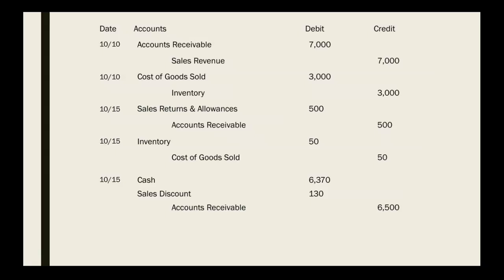Then 2%, because it's terms 2/10 net 30, so 2% of $6,500 gets you that $130 for your sales discount. And then what people owed you minus the discount that you're giving gets you your cash amount of $6,370.